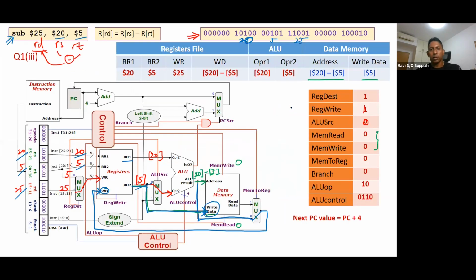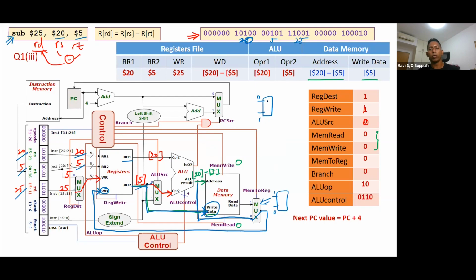Don't be too concerned. If there are still doubts, there are still things we can discuss. All the multiplexers, by default, are 0 and 1, except for this mem to register alone, which is 1 and 0.